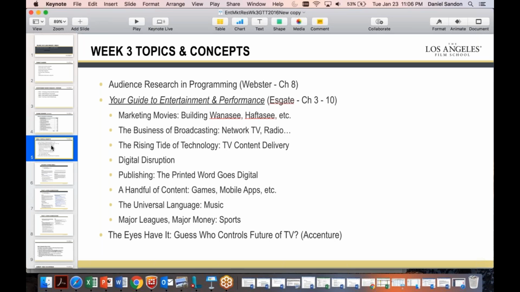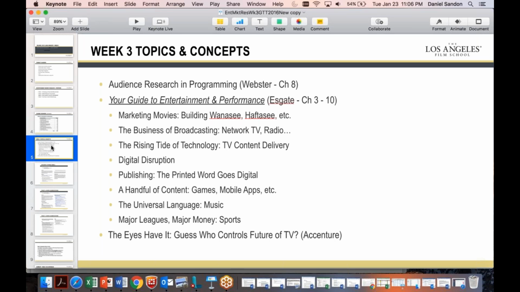The next one, the rising tide of technology, TV content delivery, and we all know how that's changing from scheduled network TV to on-demand streaming type TV, okay? And then the next one is sort of similar, digital disruption, how so many areas of entertainment are moving to digital platforms. And then publishing, and here's a good example of one that's moving to a digital platform.